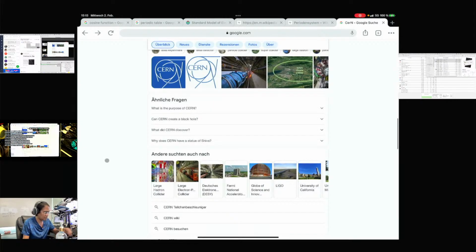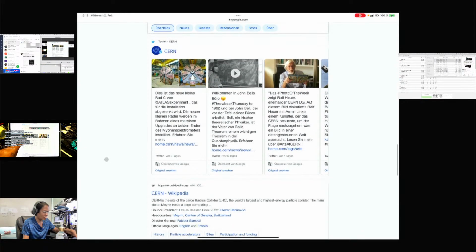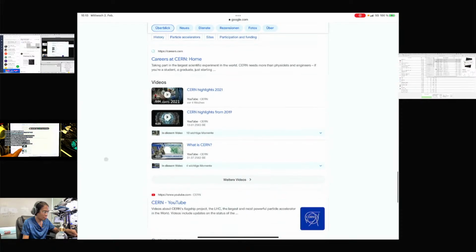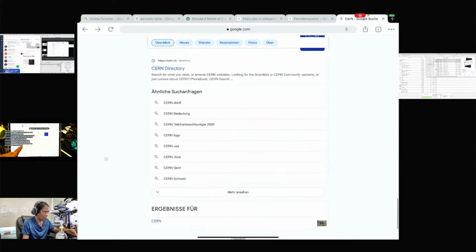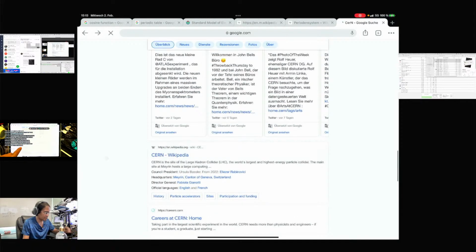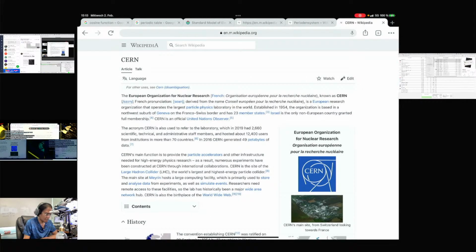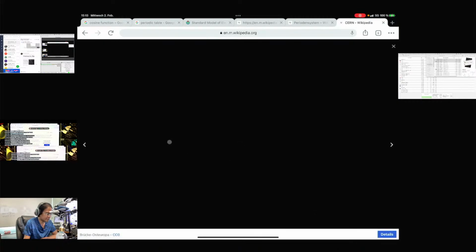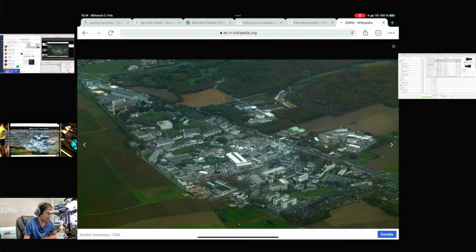And where is that? CERN, you can see. If you look from Switzerland, here is the location where you work in this laboratory. It's a campus of physicists that work on particle physics, which is the story we are talking about right now.